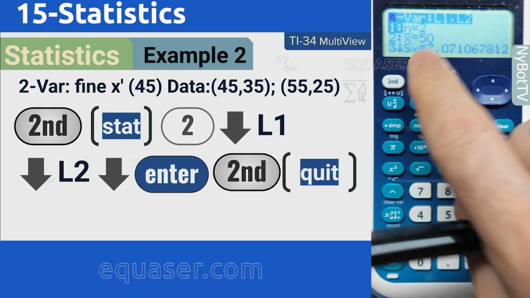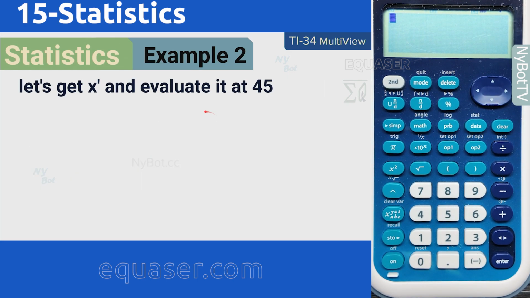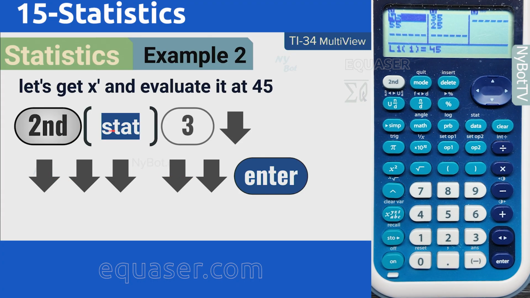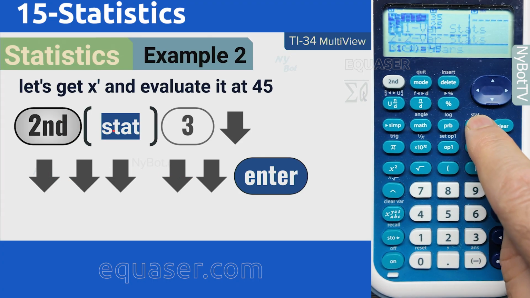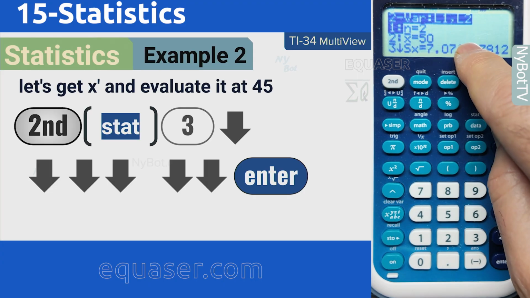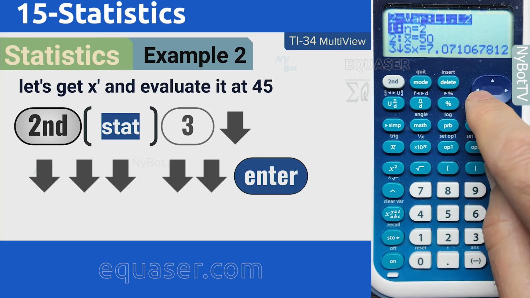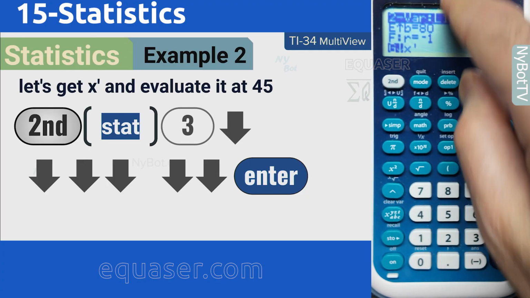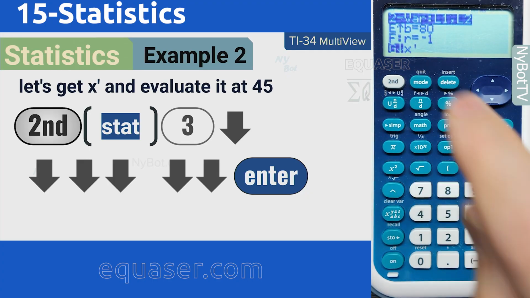Press second function, quit. Now to get the value, we evaluate x prime at 45. Now you can do second function stat, and then number 3, and then scroll down until you see x prime, or you could go up and get it.